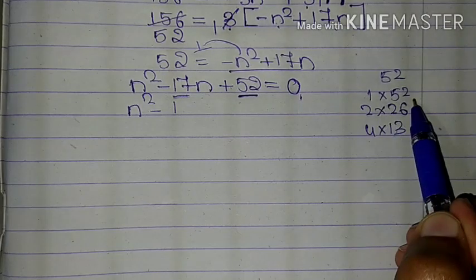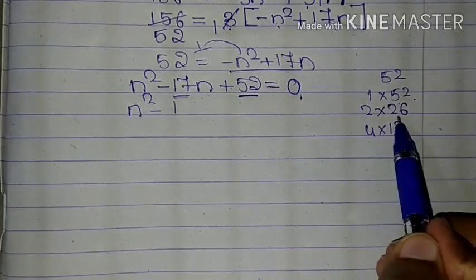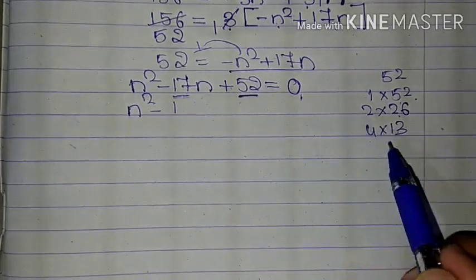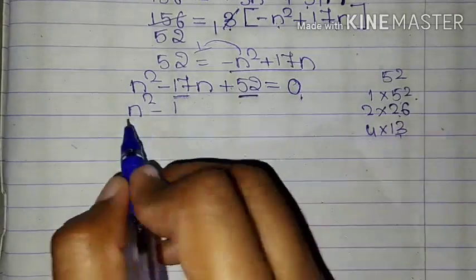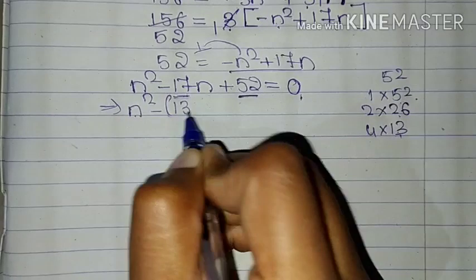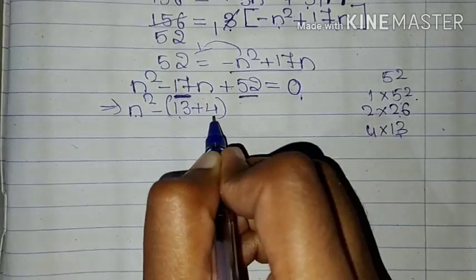1 plus 52 is 53, which is not equal to 17. 2 plus 26 is 28, which is once again not equal to 17. Whereas 4 plus 13 is equal to 17. So I can write it as n square minus 13n minus 4n plus 52 is equal to 0. I'll split 17 as 13 plus 4.